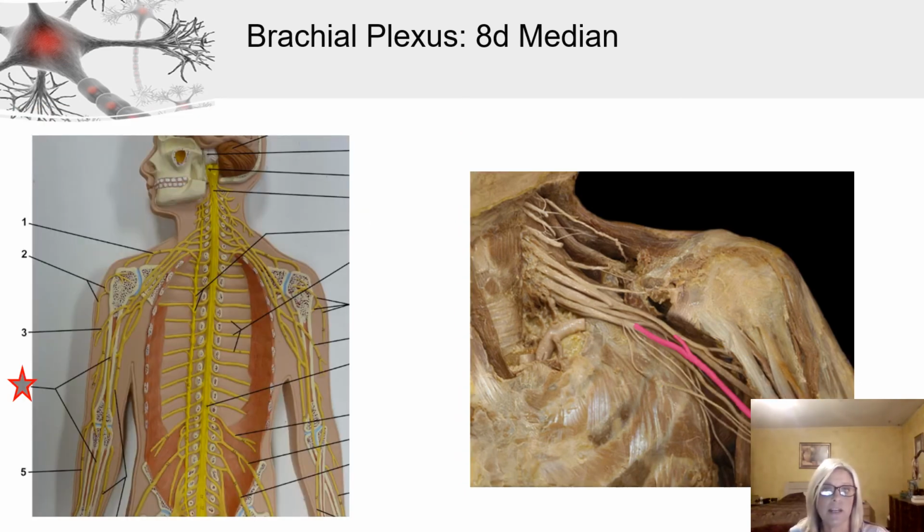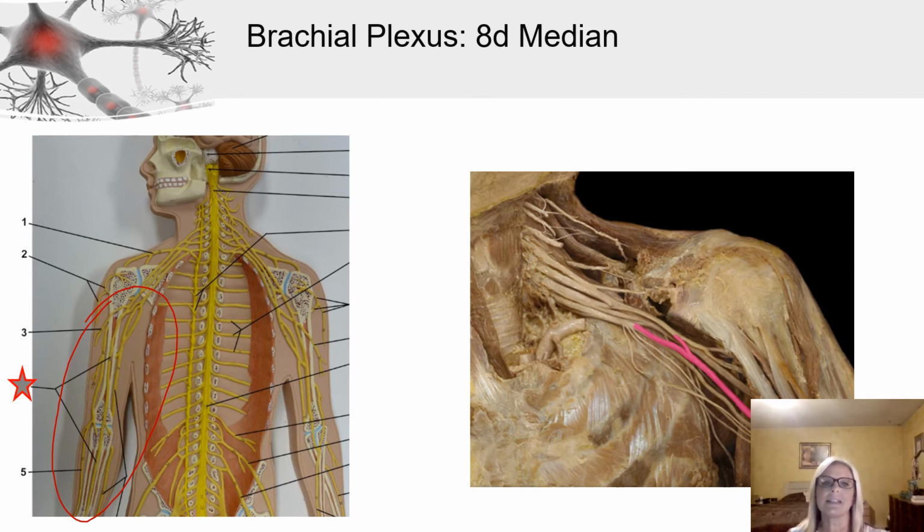Next, we have the median nerve, and this is the one that lies in the middle, and you can see this over here on the left. It pretty much goes down the center of the arm. So once you identify the others, if you're in a lab setting looking at a cat or a Syndaver or a cadaver or anything else, you can go from the outside in. But median, of course, is going to be the one towards the middle or midline of the arm.